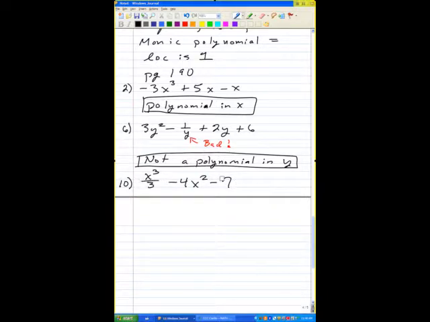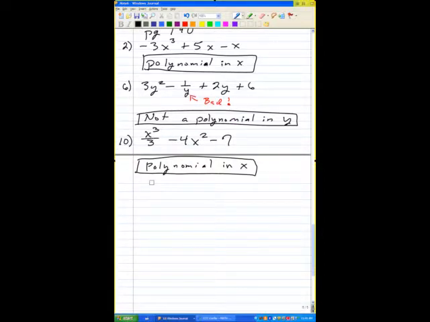So each of these terms are nice polynomial terms, and I'm just adding and subtracting them. So therefore, yes, this is a polynomial in x. So notice that you cannot have a variable in the denominator, but it's okay to have constants in denominators. That's perfectly fine.